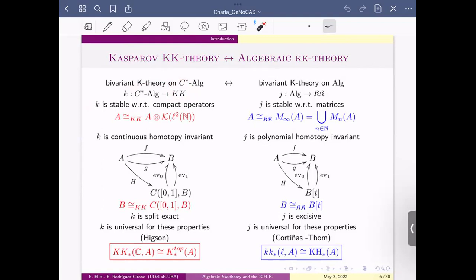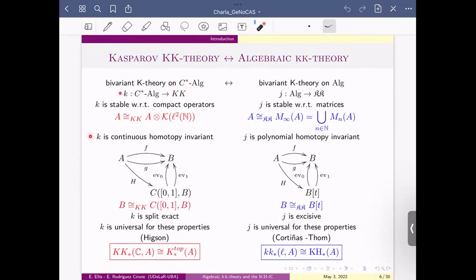That means that if we have a C*-algebra and we take the algebra stabilized by compact operators, we have these two C*-algebras identified in this category.